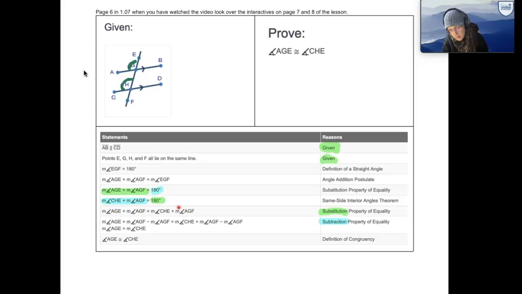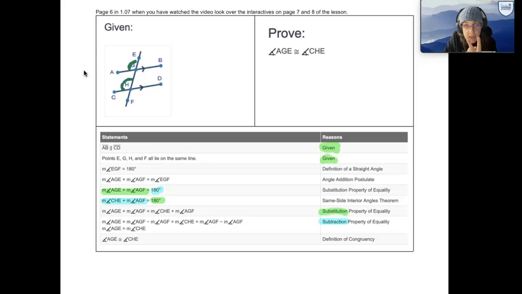This one right here, where you have those two things that are equal. Now, the subtraction property of equality. Just like solving a regular equation for x, right?